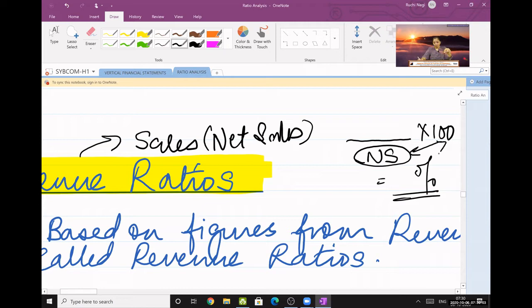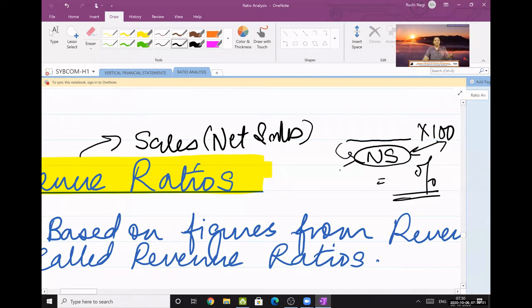Balance sheet ratios are a mixture of those forms, and in revenue ratios there are only percentage ratios. All its formulas will have net sales in the denominator.